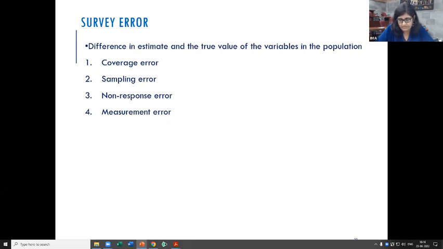There's a coverage error to it. If you do an online internet survey and float it to all people in Gujarat, there'll be coverage error because not all people in Gujarat have the same access to internet compared to floating a survey at IISM. So that would be coverage error.